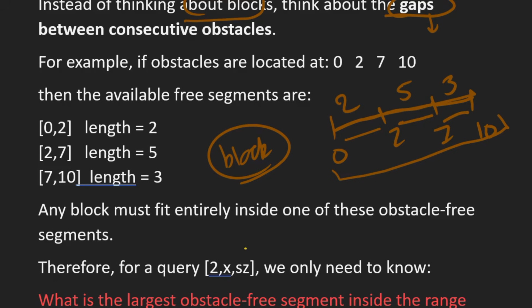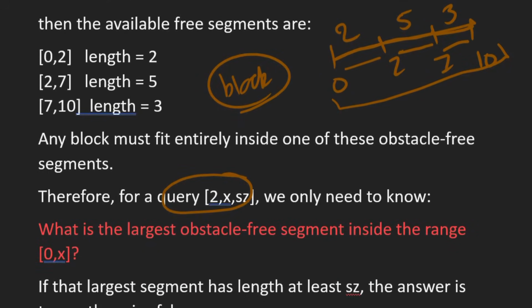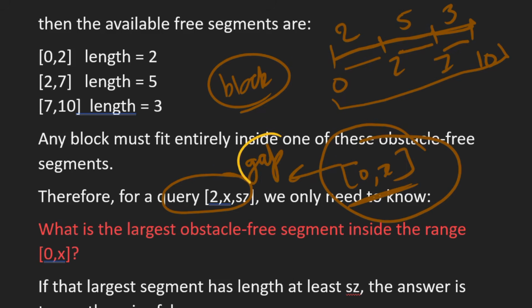So for a type 2 query, we only need to know the largest free segment that we have inside the range 0 to x. We need to know about the largest gap in the range 0 to x.